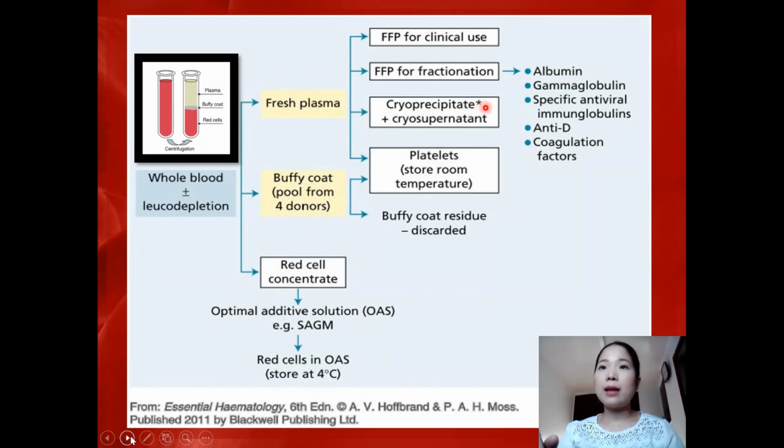Cryoprecipitate, on the other hand, can also be given in a bleeding patient with disseminated intravascular coagulation, especially those who have a low serum fibrinogen. Your cryosupernatant may be given during plasmapheresis in a patient with thrombotic thrombocytopenic purpura or TTP.